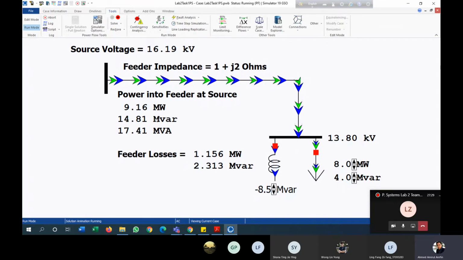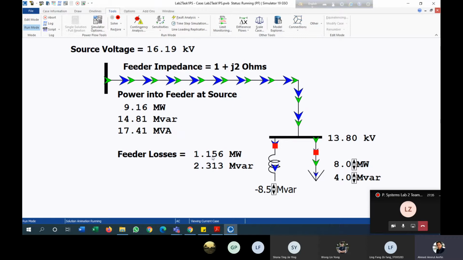Okay, this is the real power and that is the reactive power, and this is basically the losses. And losses also have real and reactive parts. Okay, real and reactive losses we have. So in your lab reports you need to analyze like that.